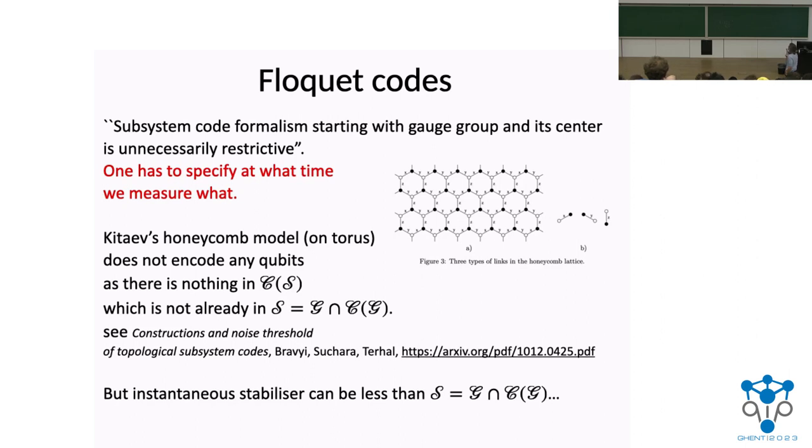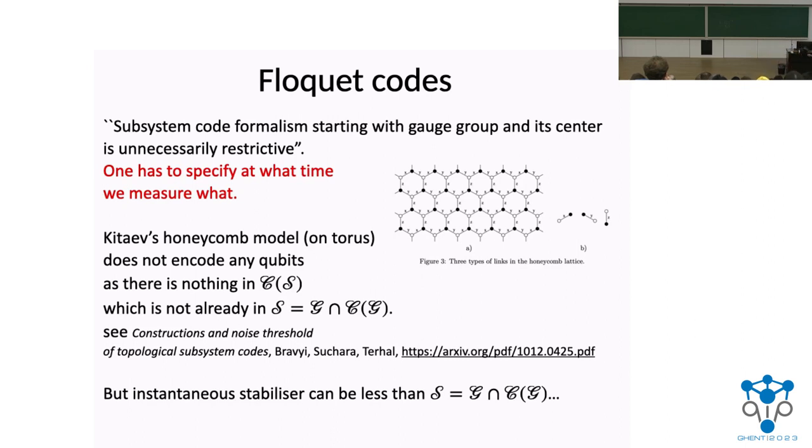And in S are closed loops. So you take these links and you take products of them and you construct loops. And these loops could, of course, also go around the handle, and they can go around the little plaquette and so on. So everything that you make from these links, there are these loops that are in S, and there's nothing in the center minus S left. So we thought, okay, it doesn't work. So we constructed more complicated codes, and they didn't have such a great threshold.